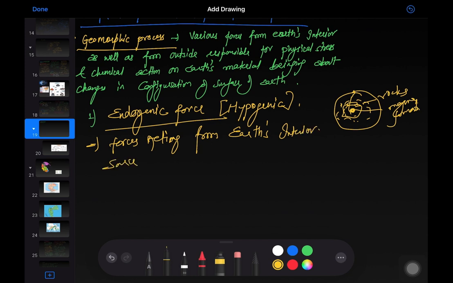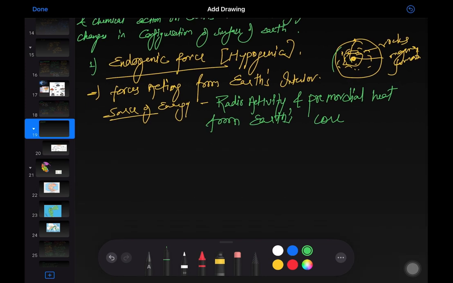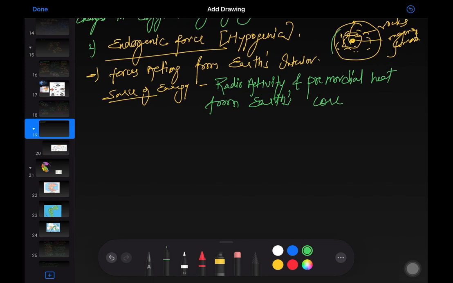What are the source of energy? Source of energy of this endogenic process is radioactivity and primordial heat from the Earth's core. As I have explained, the primordial heat which is released from the core and the associated radioactivity resulted in the various endogenic processes.